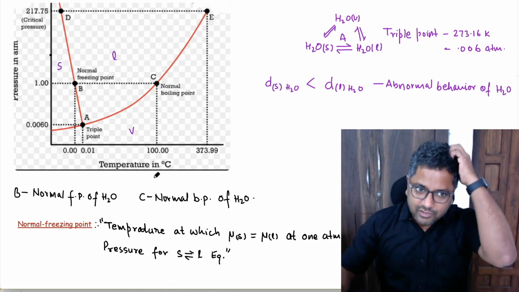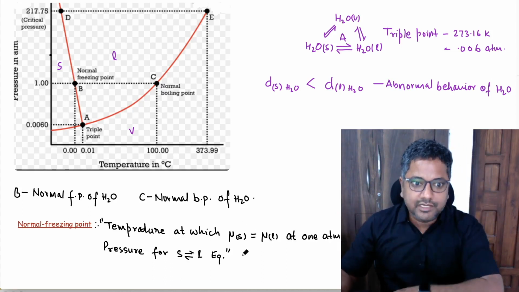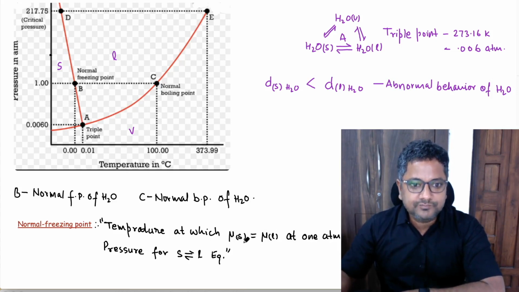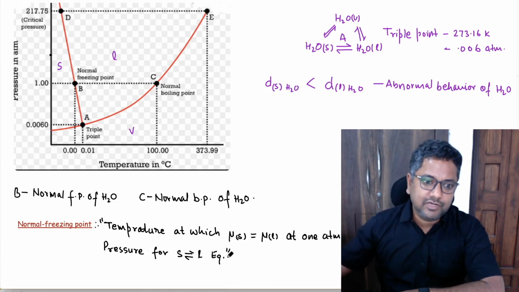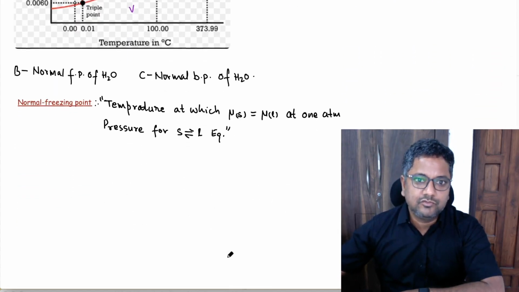Or if you do not want to include the name of chemical potential, you can write: temperature at which solid and liquid coexist. Solid liquid equilibrium means solid and liquid coexist under equilibrium at 1 atm pressure. You can make this definition also, no problem.